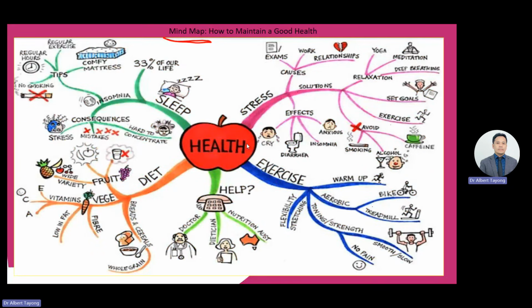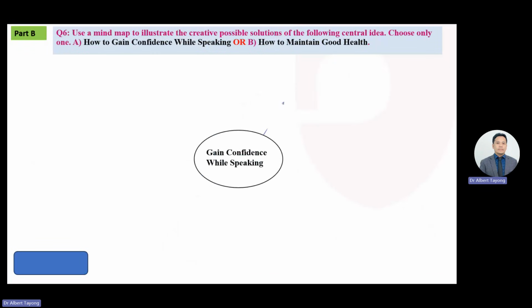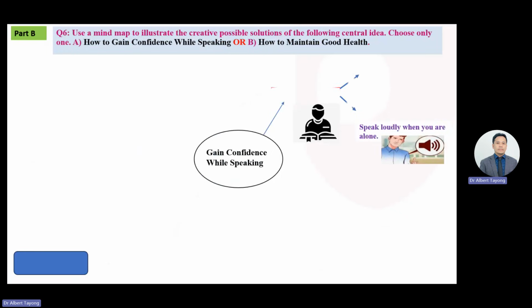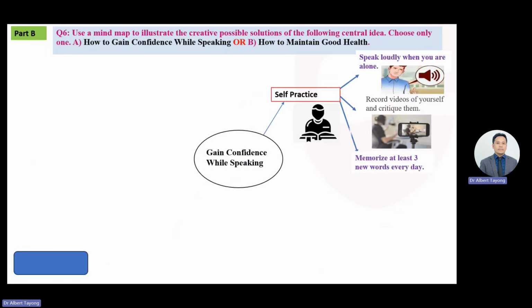There is no right or wrong in terms of implementing a CPS and drawing a mind map, as long as the ideas provided are related to the central idea or the topic or the problem being dealt with. Another example is how to gain confidence while speaking. This is actually using some images, using a Word file, and using some shapes where we can have more creative solutions.